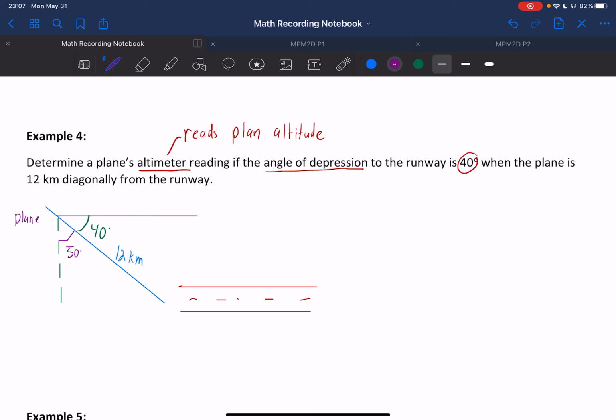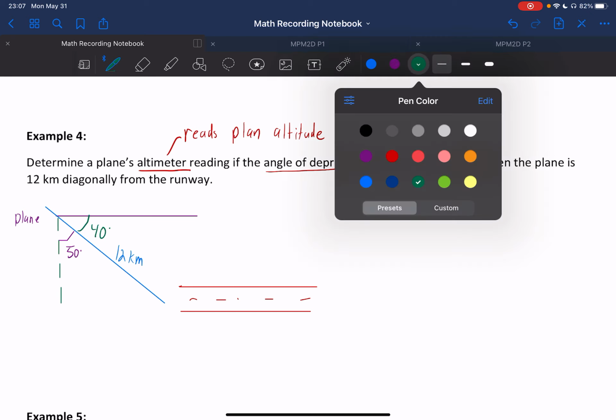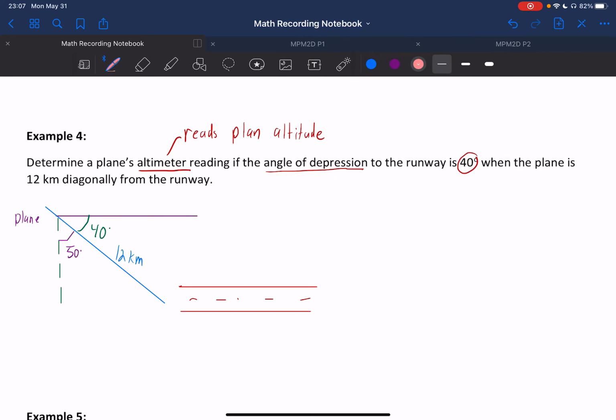But if that's hitting the ground, there's another line we can look at right here. And that has a right angle, giving us an angle down here by the Z pattern of 40 degrees. Okay, this is a lot of triangle.